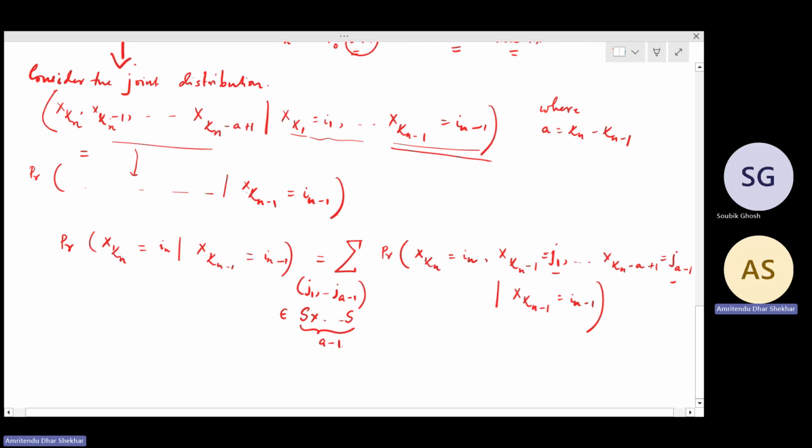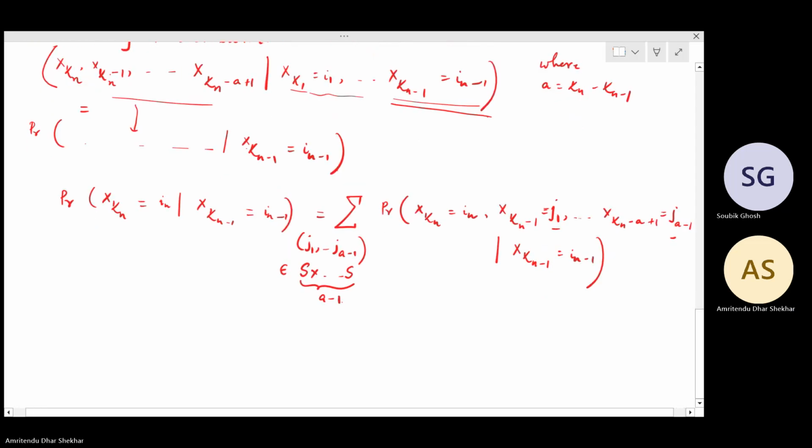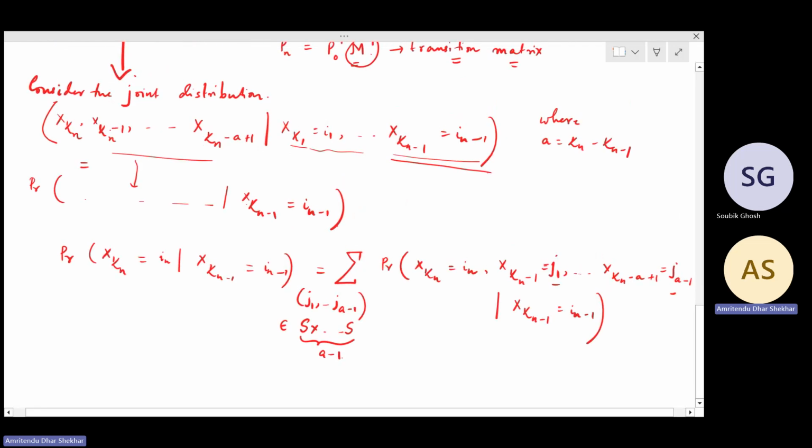This is just a marginalization where we are marginalizing over all the intermediate random variables from x_kn minus 1 to x_kn. The intermediate steps we are marginalizing over.